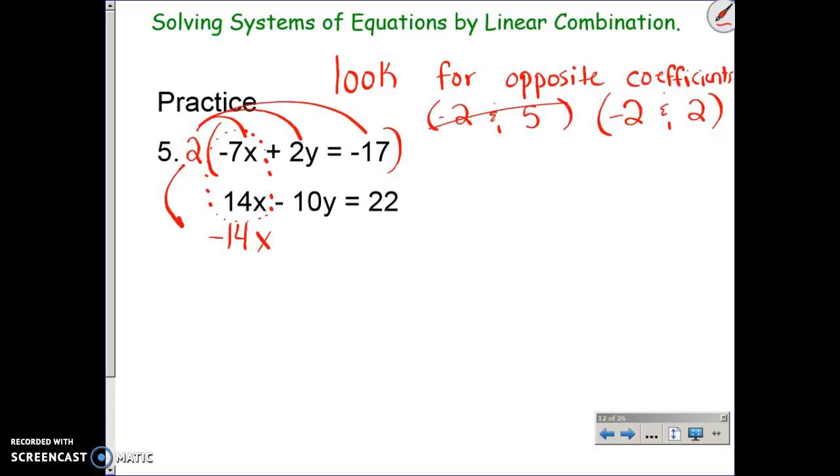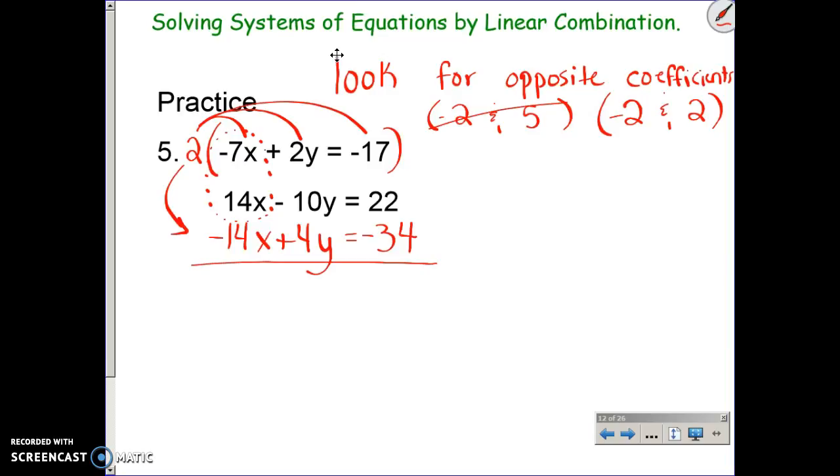So I'm going to write my new answers down here. 2 times -7x is -14x. 2 times +2y is +4y. Woohoo! And -17 times +2 is -34. Yes, it is. I did the math in my head.